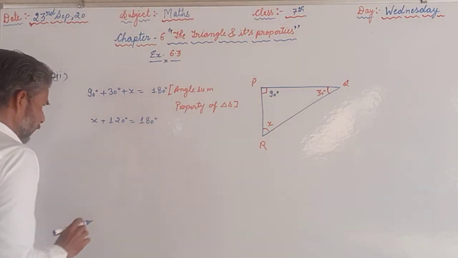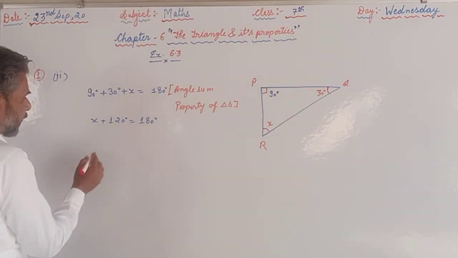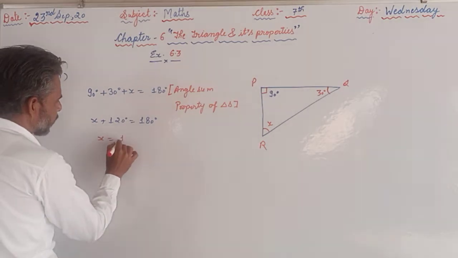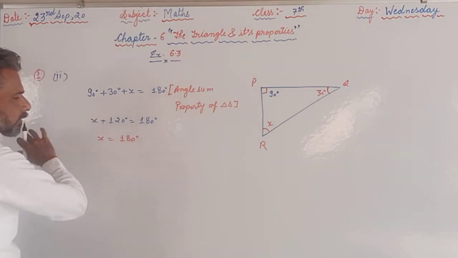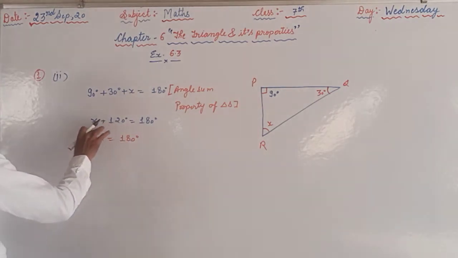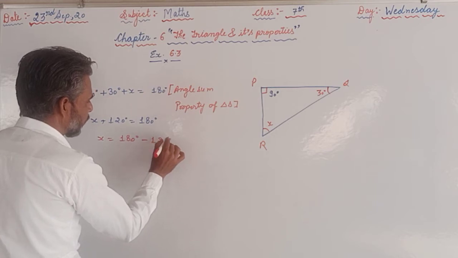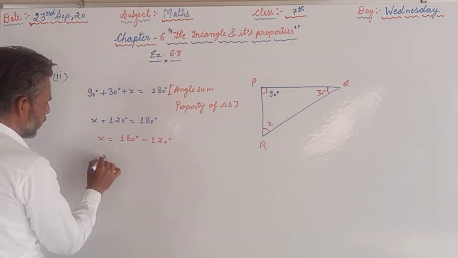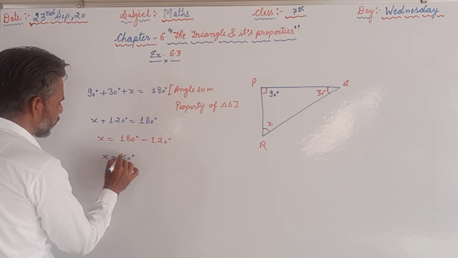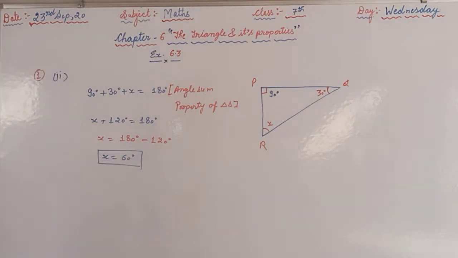Again we form a simple equation. Now we are supposed to find the value of the variable, that is x, and for that we transfer the constant term from the left hand side to the right hand side. On the left hand side 120 is plus, on the right hand side it will become minus, and 180 minus 120 is 60 degree. So the value of x is 60 degree. Like this we are supposed to proceed.